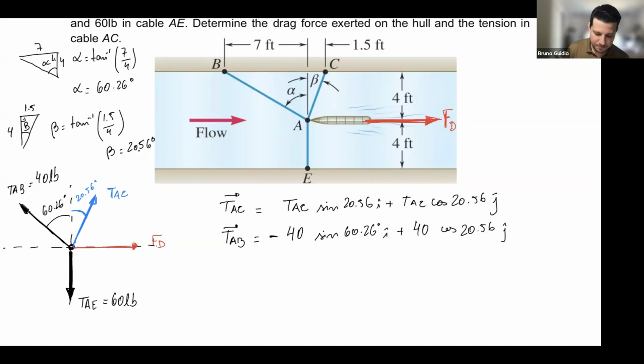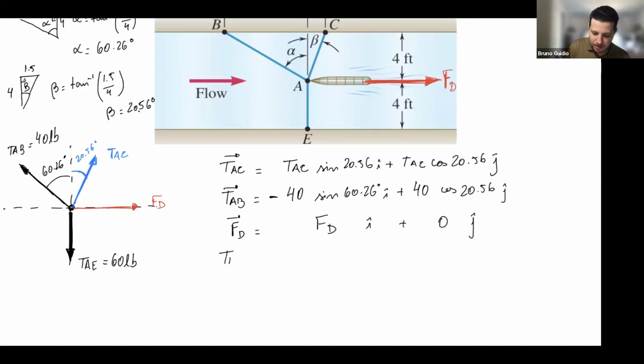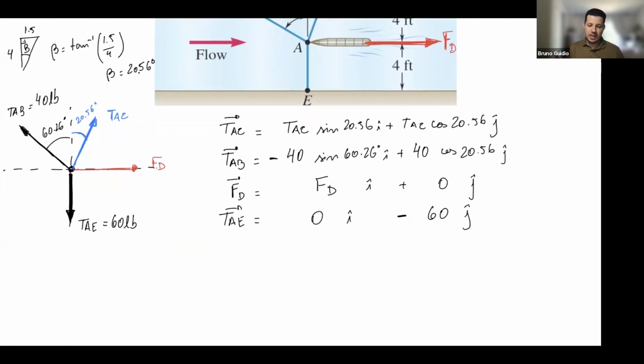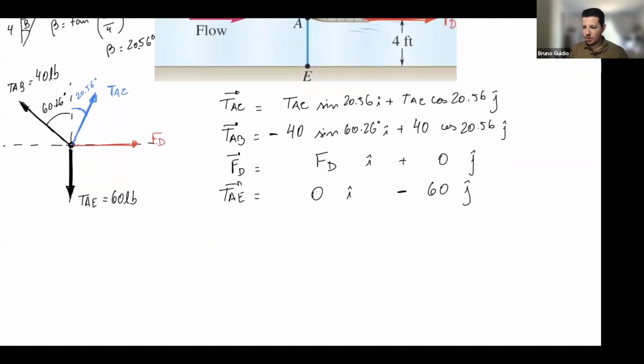So far, so good. What about FD? Positive FD in i-hat, 0 in j, positive direction only. TAE: 0 in x, negative 60 j. See if you agree. All good?